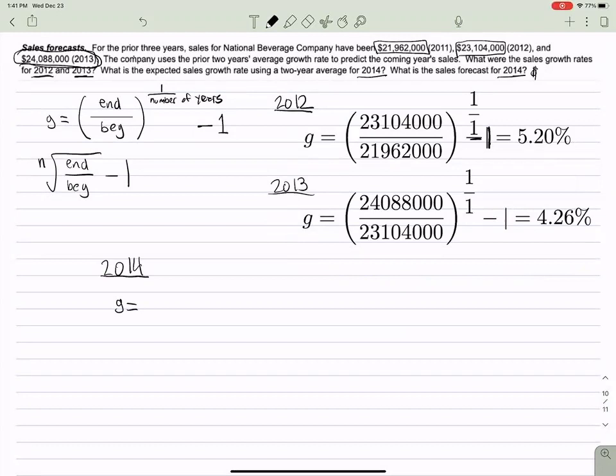Okay, so that's the end, the most recent data that we have. And our beginning data, now remember in this case, we're looking at a 2-year average. Okay, so if we're looking at a 2-year average, we have to go back 2 years. So we're going to go all the way back to 2011. So we can use our 2011 as our beginning.